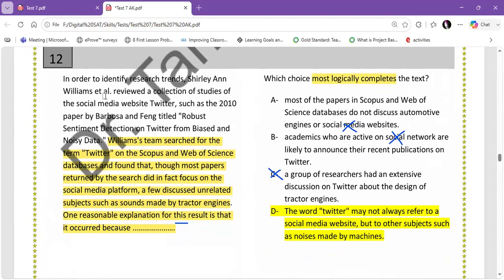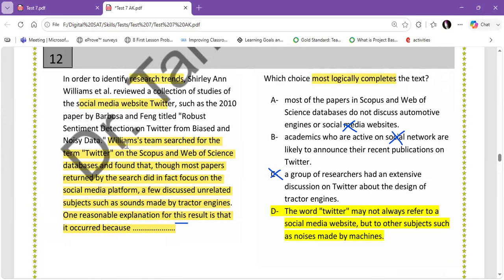So here he said, in order to identify research trends, Shirley and Williams et al. reviewed a collection of studies of the social media website Twitter, such as the 2010 paper by Barbosa and Fink titled Robust Sentiment Detection on Twitter from Biased and Noisy Data.